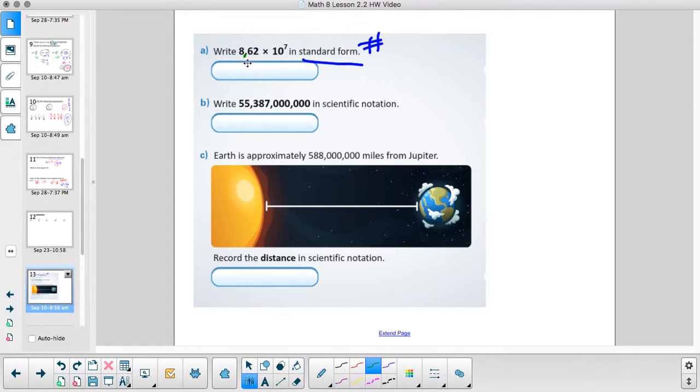And what that means is we're going to move the decimal over 7 times to the right to make the number bigger. So if I had 8.62, I would move the decimal over 7 times. 1, 2, 6, 7, and this will be my new answer. So this would be the standard form of the number.